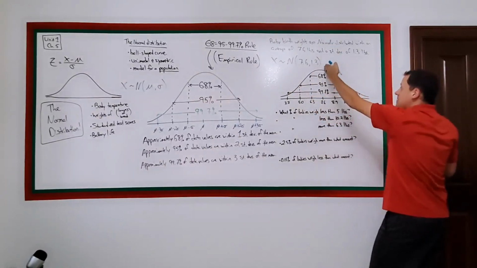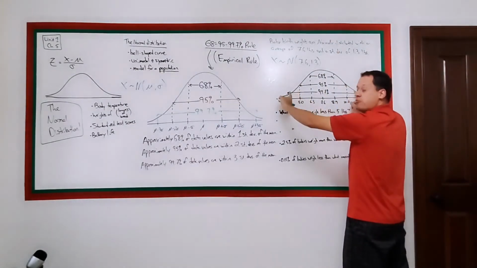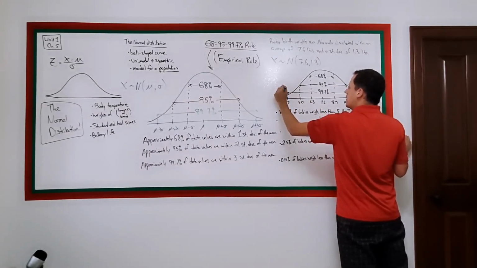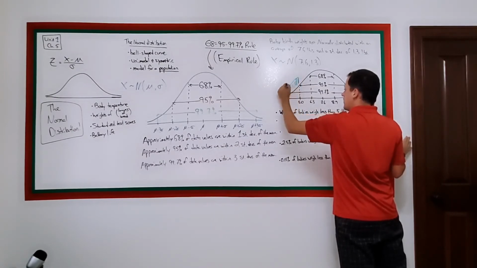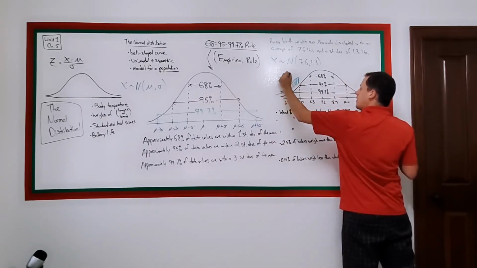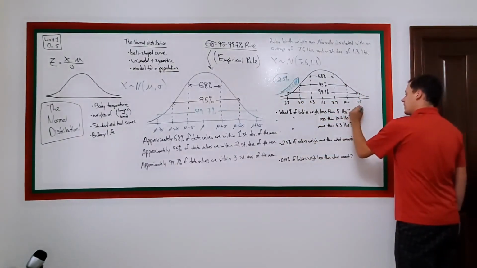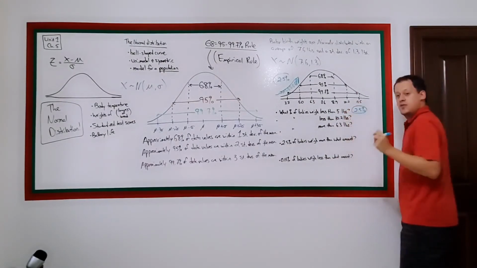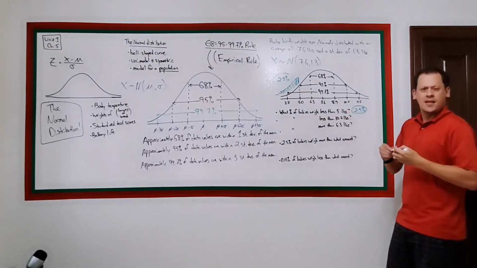And since this is a symmetric curve, that means each of these areas is 2.5%. So this area here, all the way to the end, is 2.5%. So that's our answer for that one. 2.5% of babies weigh less than 5 pounds.